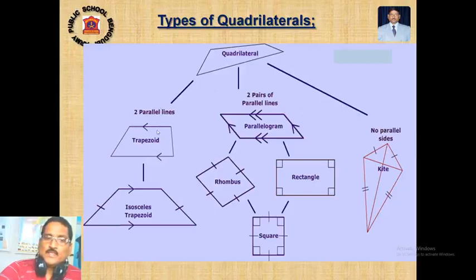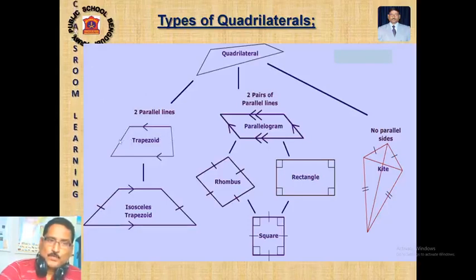When two parallel lines are there, this figure is called a trapezoid or trapezium. Both are the same. In Greek it is trapezoid, and in English it is trapezium. These two sides are called the non-parallel sides of the trapezium.